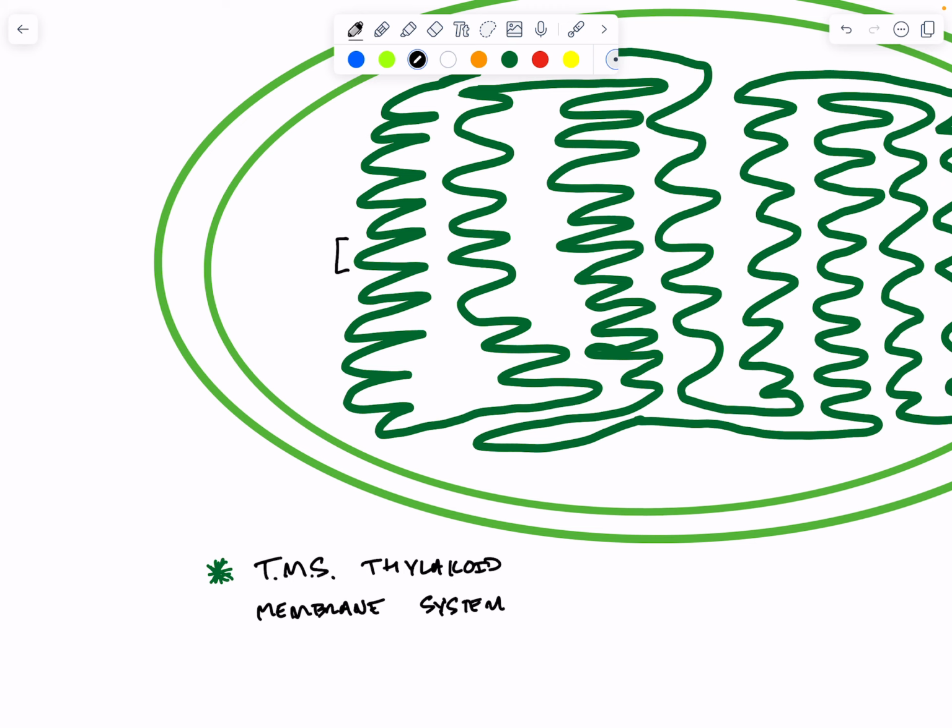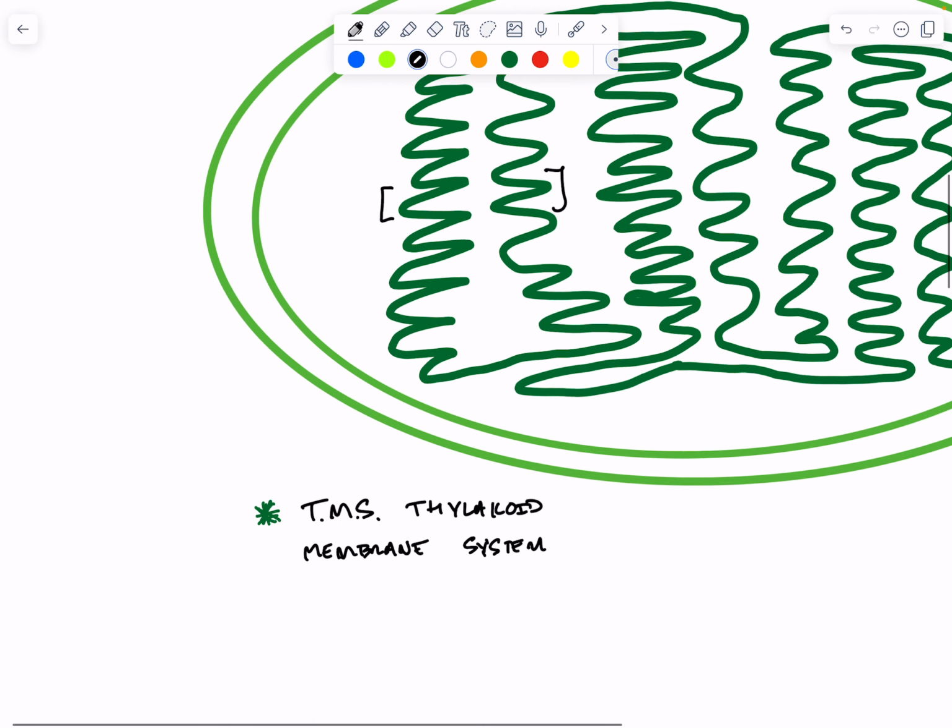A single little fold of this membrane system is called a thylakoid.